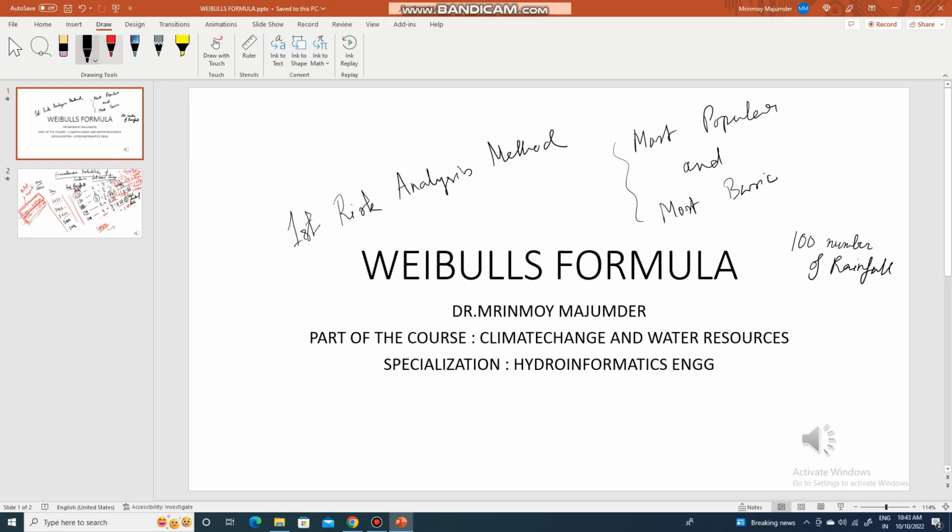From the Weibull's plot, you can easily identify the relationship between the magnitude of the events and its return period. Generally, log or semi-log paper is used to draw this type of plot, where in the y-axis we put the magnitude of extreme events, and in the x-axis we put the return periods.